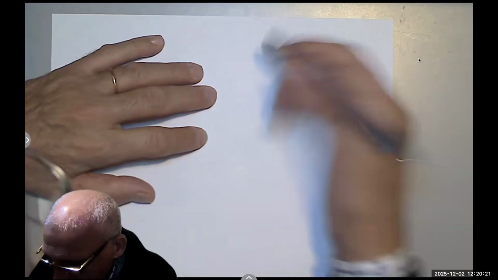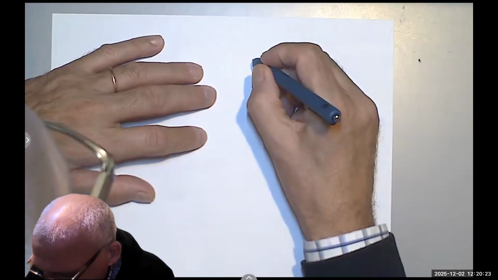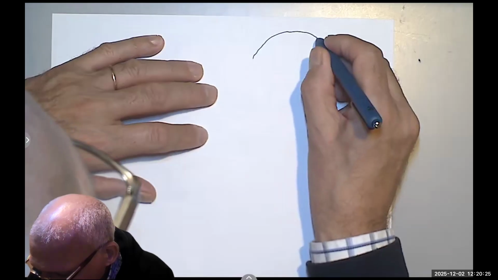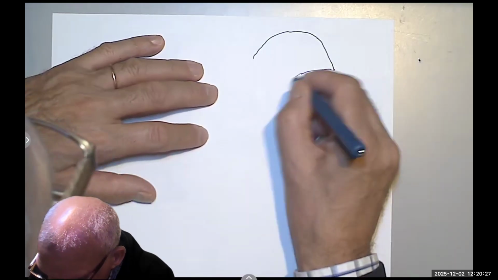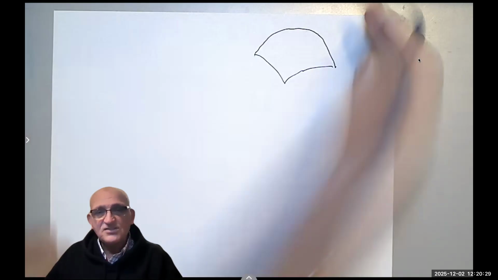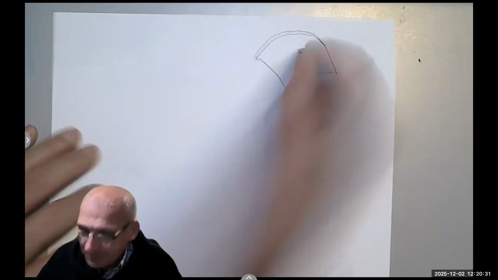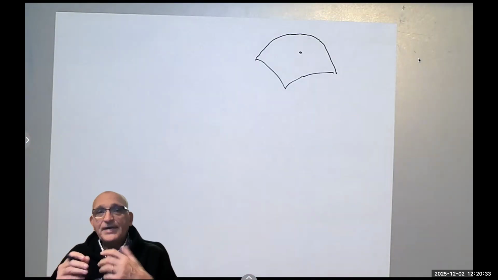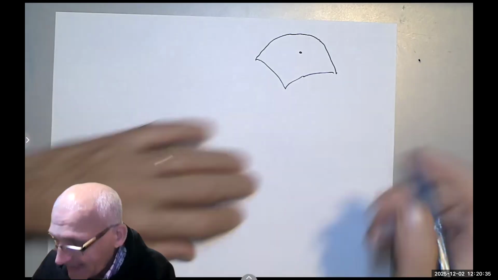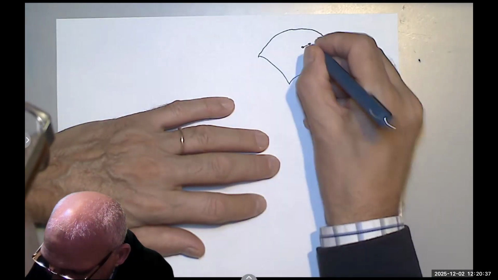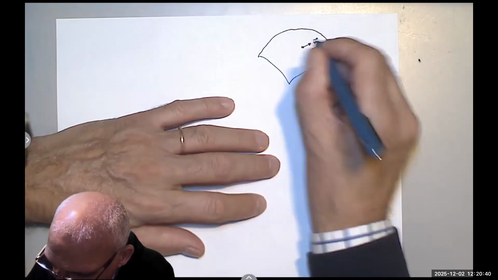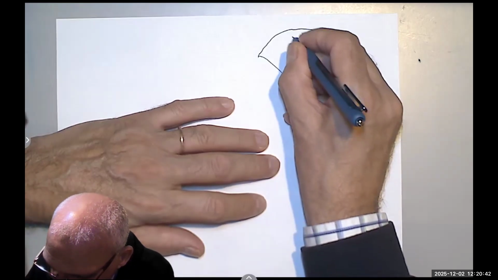So we have something that maybe looks something like that. This is a surface, and if I take any point here, I can parameterize the surface by creating two directions, u and v, right?